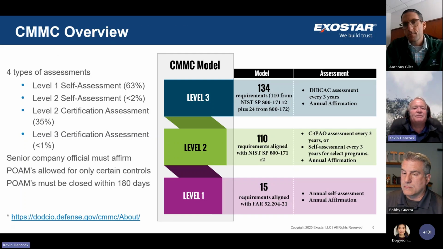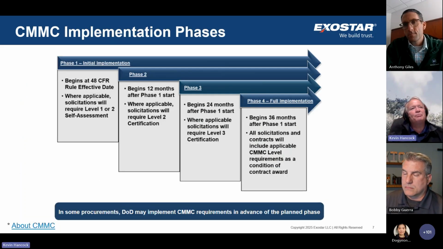Now, once CMMC takes effect, it is going to be implemented over a 3-year period. That first phase, when it starts to show up in contracts, it's expected that level 1 and level 2 will continue to allow for self-assessments.